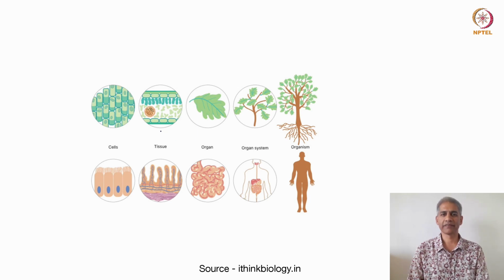So if you look at a leaf cross section, you'll have different kinds of cells which make up different tissues in the leaf. Then the leaf we can consider to be an organ, and then it will be part of an organ system which consists of tissues that photosynthesize or tissues that carry nutrients or water in both directions. And then these organ systems make up the whole organism.